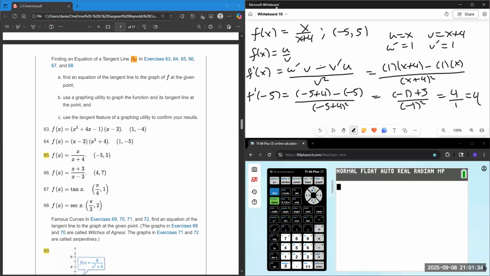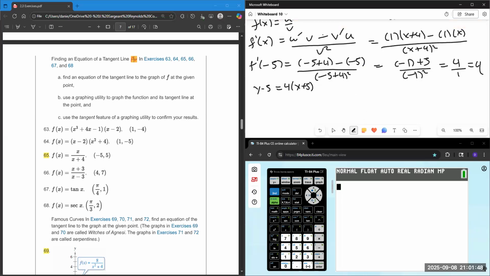So I have my slope, I have my point, so y minus 5 is equal to 4 times x plus 5. That gives me the equation of the tangent line: y minus 5 equals 4x plus 20, and y equals 4x plus 25.